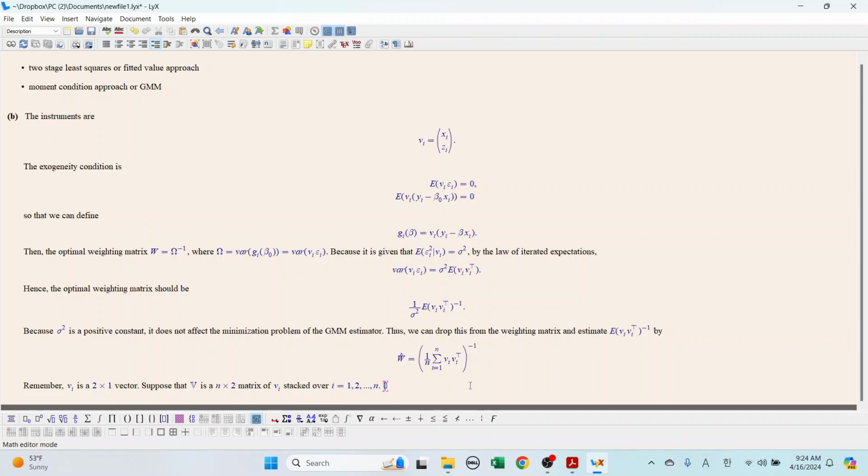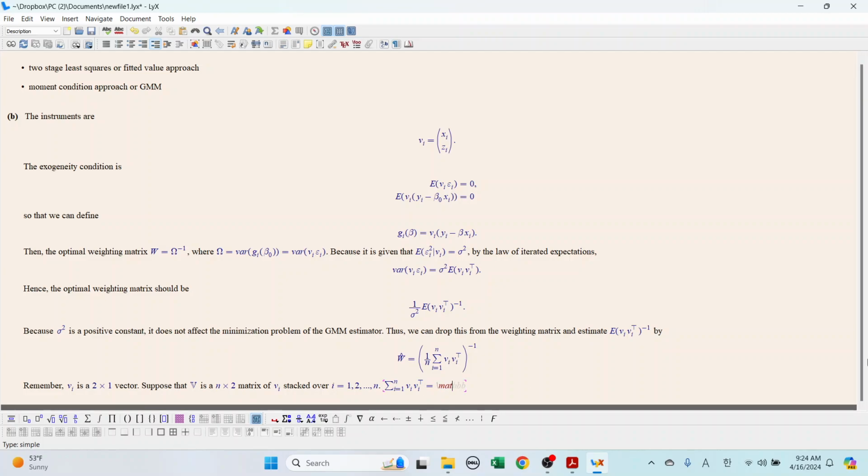Then you can easily see that this summation can be written as, by the way, the summation is a 2 by 2 matrix.